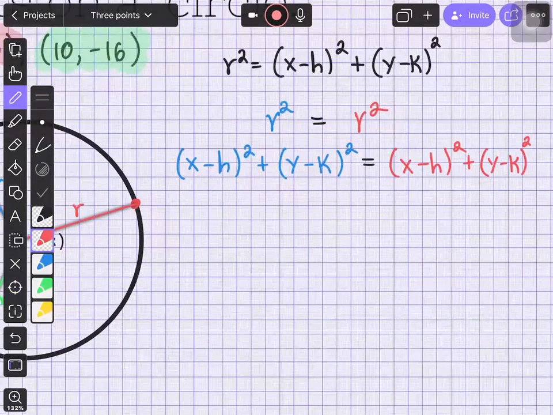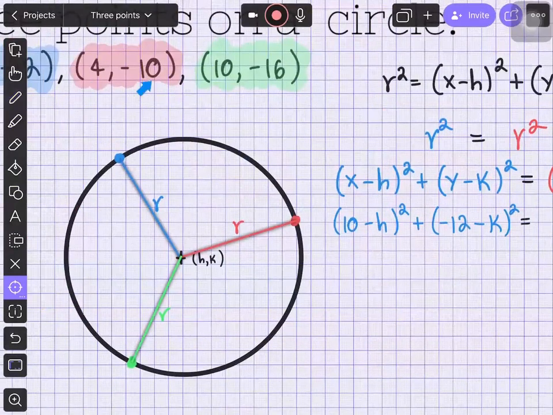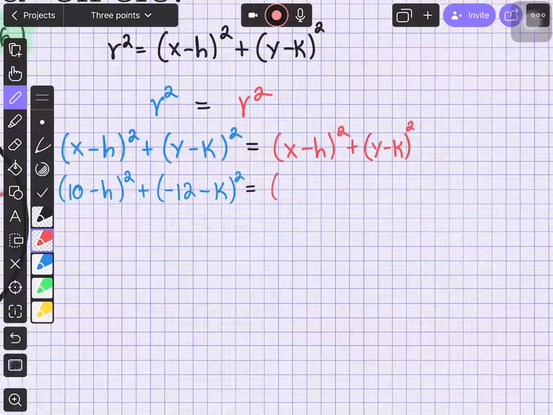Once again, 10 minus h squared plus negative 12 minus k squared equals, and now we do the same. 4 and negative 10. 4 minus h squared plus negative 10 minus k squared.